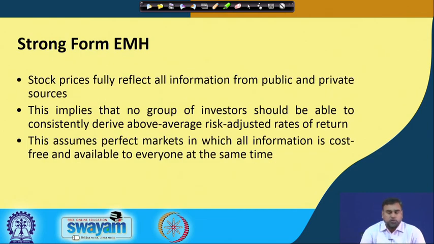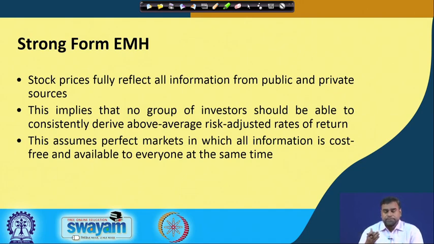And the last one is the strong form of the efficient market hypothesis, which talks about both public and private information, because the prices fully reflect, for a stock, bond or any other asset, all information available publicly or privately. That means there should not be any gap between public and private information. In the practical sense that does not happen, because CEOs have more information, bigger investors have more information, hedge fund managers have more information, regulators have more information.